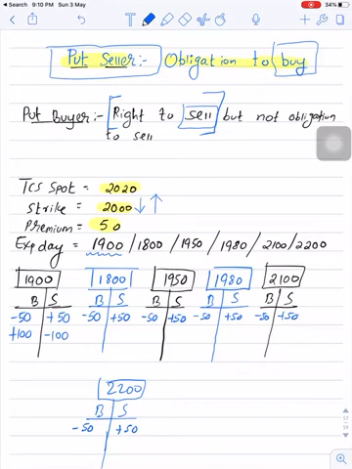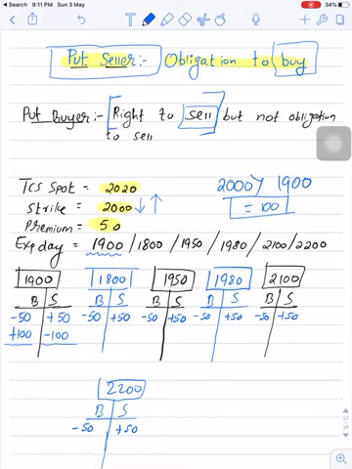Now the same scenario you can look at from the option moneyness point of view as well. If you look carefully, the option is in the money on expiry day. As I can see, the strike price, which is 2000, is greater than the spot price on expiry, which is 1900. So in this case the intrinsic value is 100 rupees, and the intrinsic value is received by the buyer. Hence we have written plus 100 over here, and this intrinsic value is to be paid by the option seller.